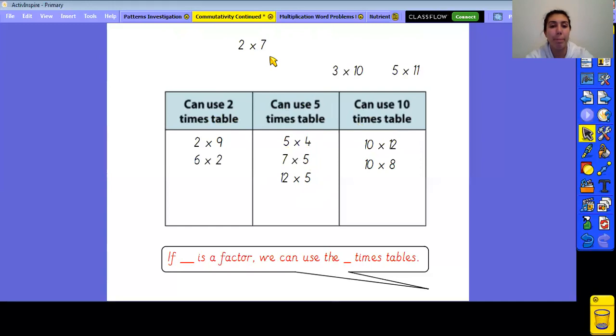What about this one? Well done, I can use my 2 times tables to help me out there. What about this one? Super, 10 is a factor, so I can use my 10 times tables. And what about this one then? That's right, 5 is a factor, so I can use my 5 times tables to help me.